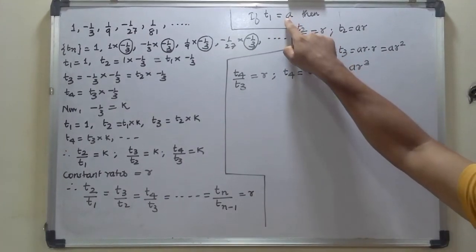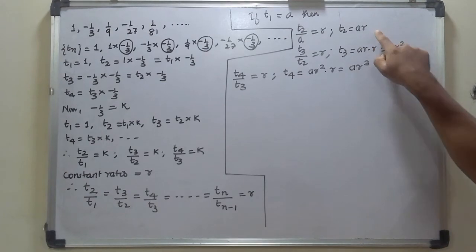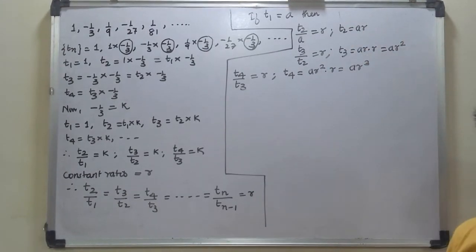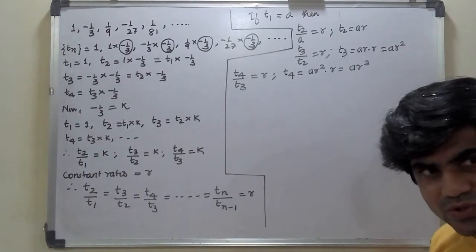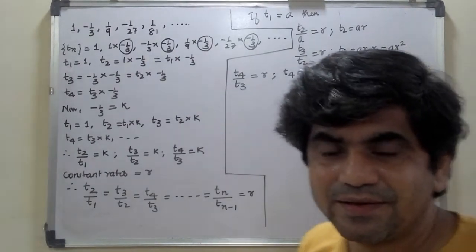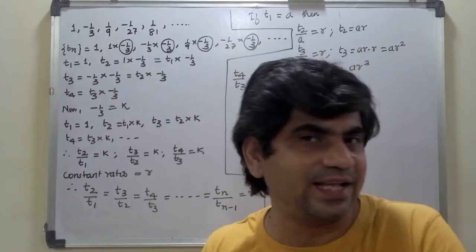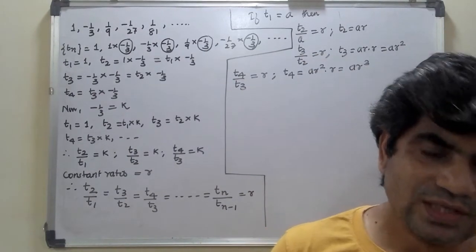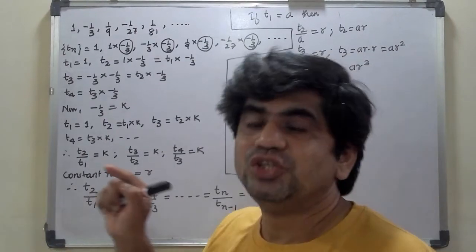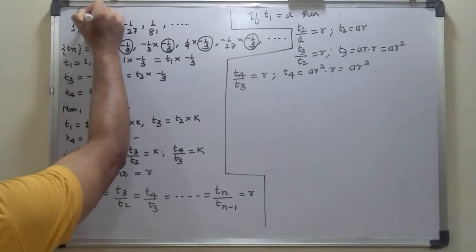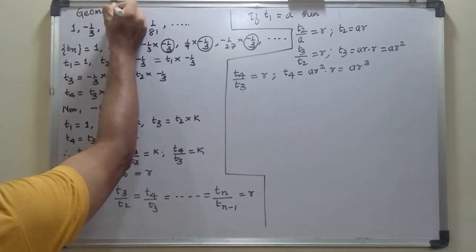So every next term is obtained by multiplying by a common ratio. So the terms which we get in the form that it increases or decreases by a common ratio are called a geometric progression. So this is your geometric progression.